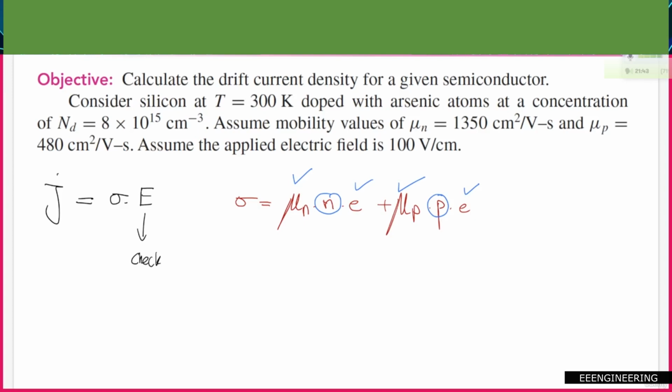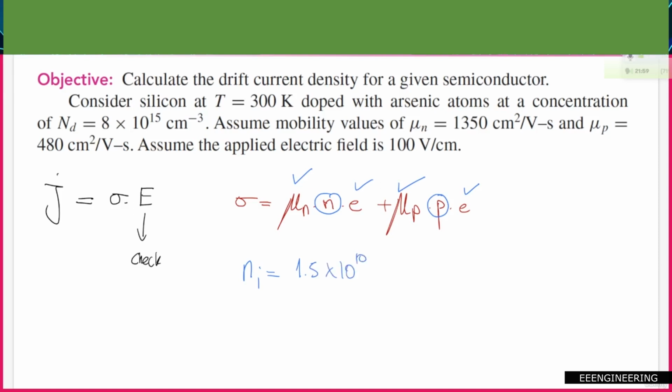First of all, we know that we have an impurity and we have a donor concentration, which is 8 times 10 to 15. And since we're working with silicon, we also know that Ni, which is the intrinsic carrier concentration, is 1.5 times 10 to 10.